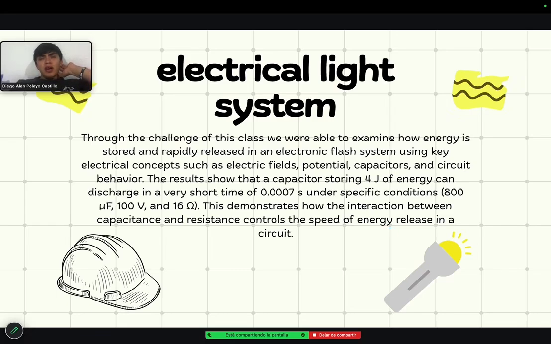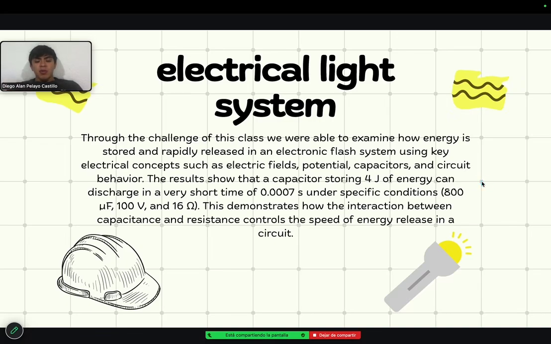And also, we got to understand first how we could use these equations throughout the semester, and then we were simply given the parameters and the terms that we were supposed to use.